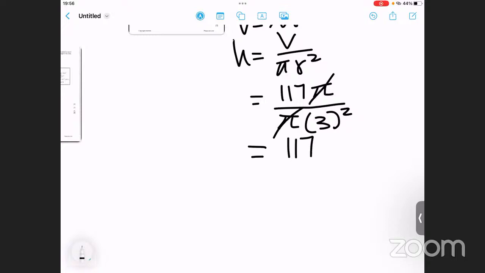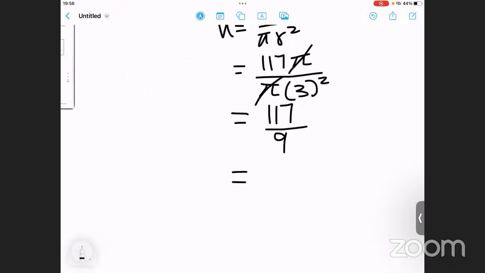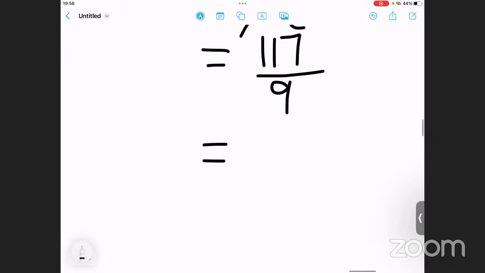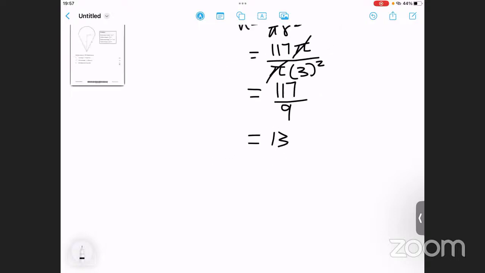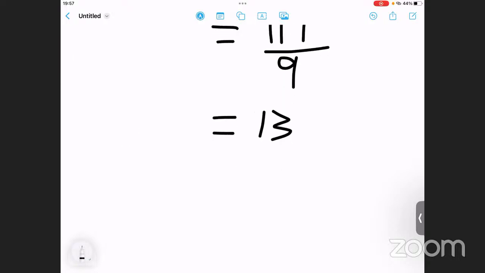Then 117 divided by 9 gives you 13. Is it 13 or 13 point something? Just 13. Okay, the units. That's the final answer.